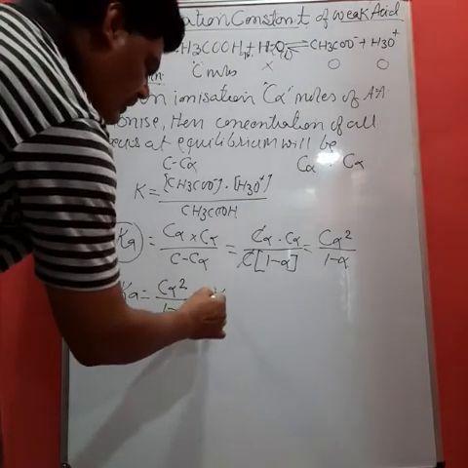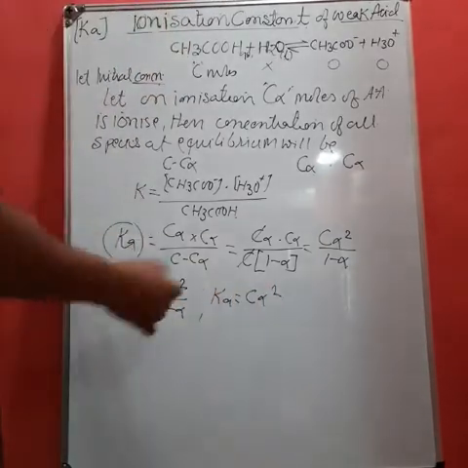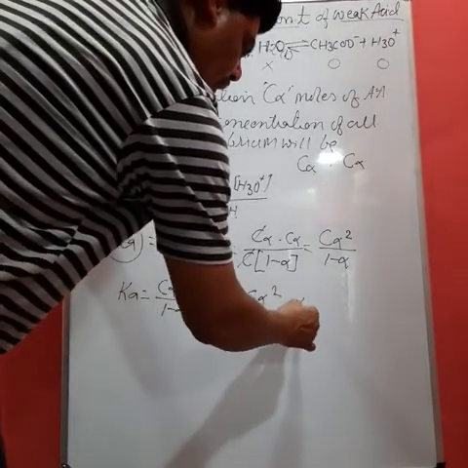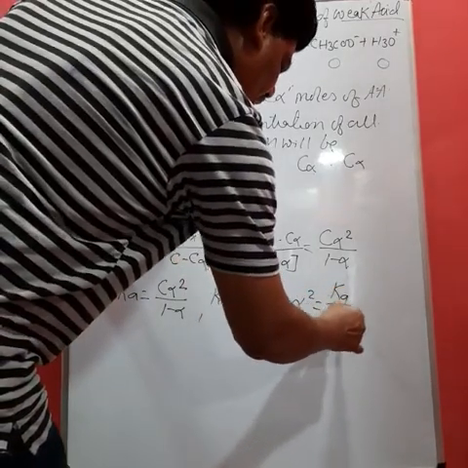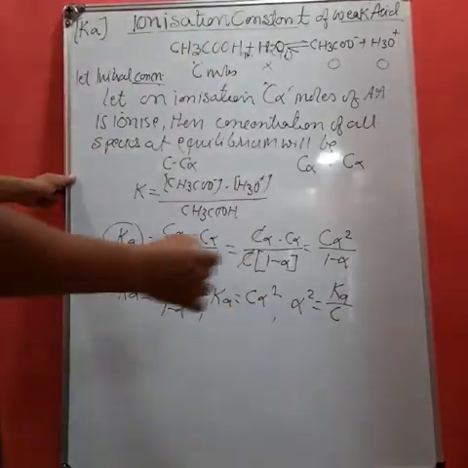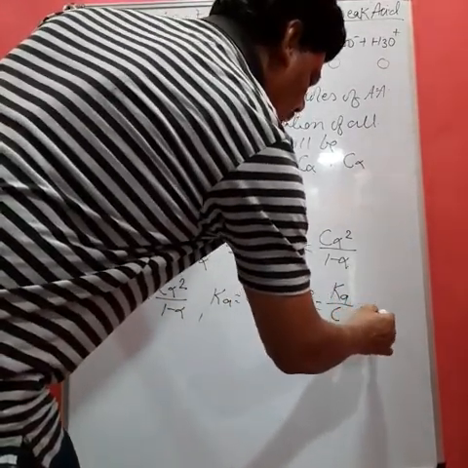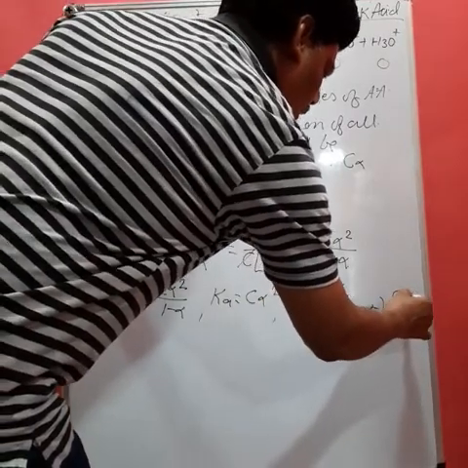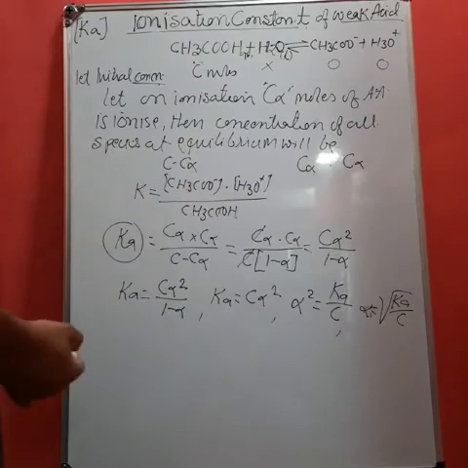Therefore, simply we can write Ka is equal to C alpha square, or also alpha square is equal to Ka divided by concentration. Or also we can write alpha is equal to root of Ka upon C. So we can find many formulas.